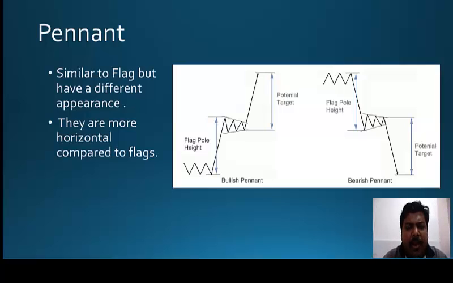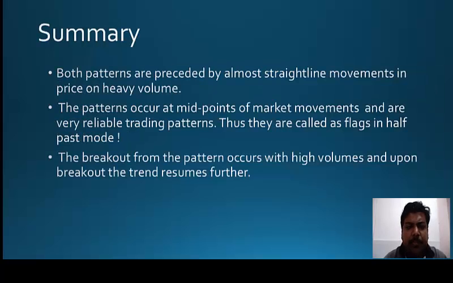Otherwise, flags and pennants are extremely similar in the way they behave and the volume movements which are there preceding the movement and upon the movement are exactly the same. Thus, when we refer to flags and pendants, we refer to them together because they're extremely similar in the way they occur and the way they need to be traded.